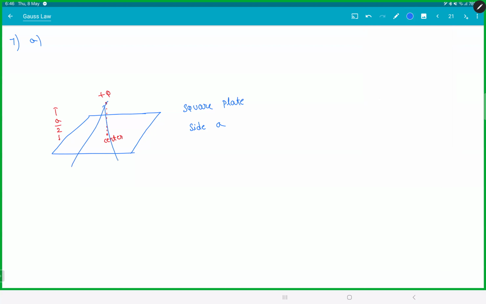This charge will send field lines through the square plate. Find the flux through the square plate. So we have a square plate, and at a height A by 2 from its center there is a charge Q. Find the flux passing through the square plate.